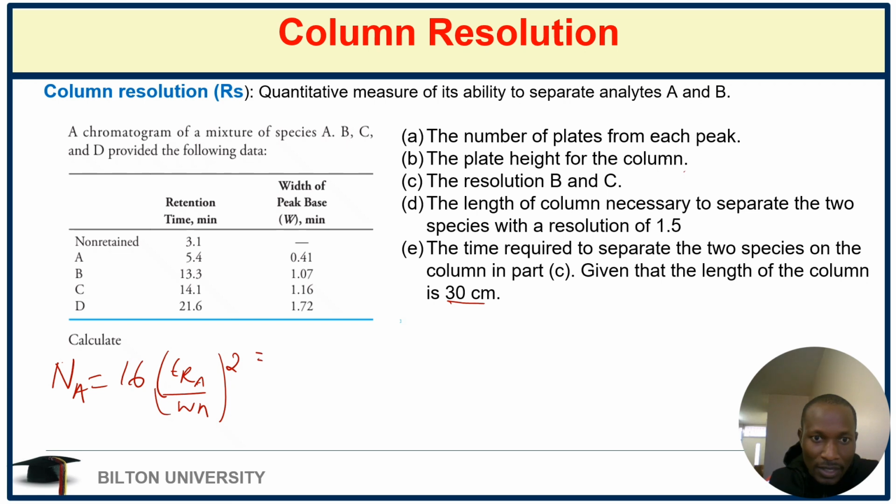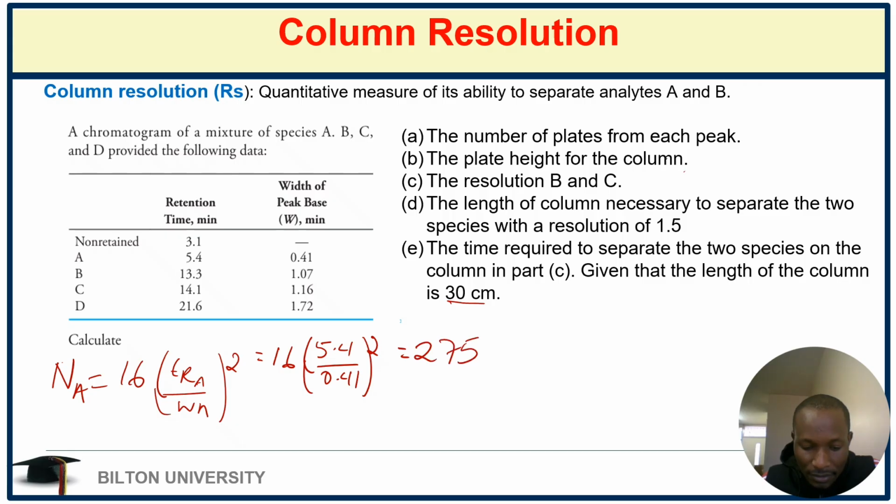So that's going to give us 16 into the retention time for A, which is 5.4, divided by the corresponding width, which is 0.41, squared, and that's going to give us, let's quickly calculate, 2775. So that is for NA.